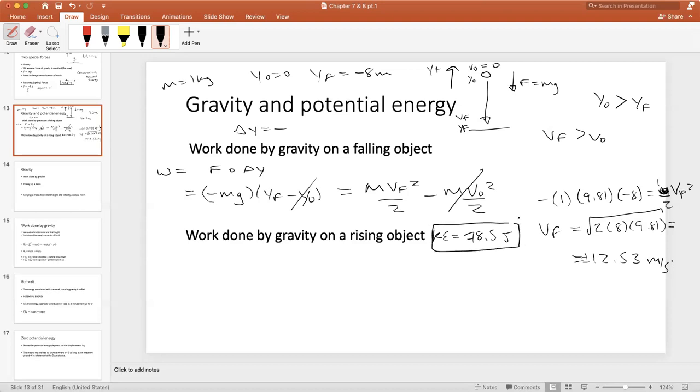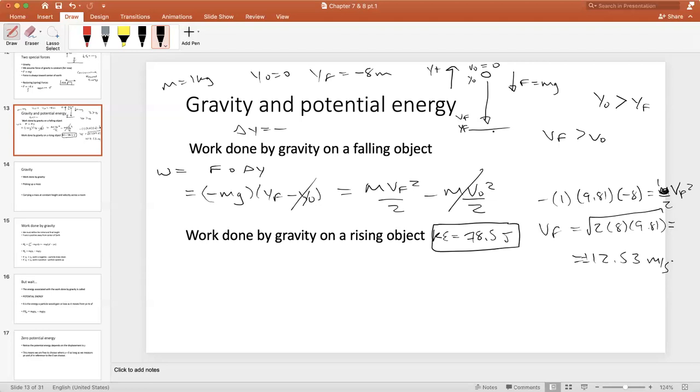And notice this is positive. Its kinetic energy is positive. Initially, what was its kinetic energy? Well, v initial was 0, so initially it had no kinetic energy. So the change in kinetic energy was positive. It was 78.5 minus 0.